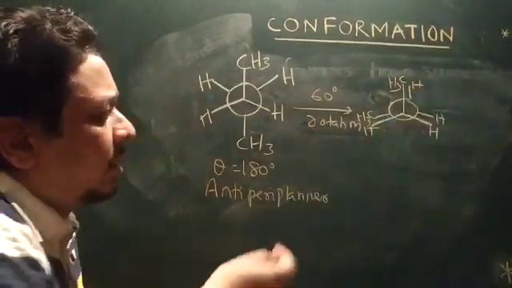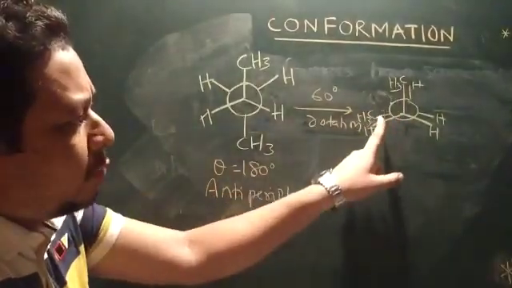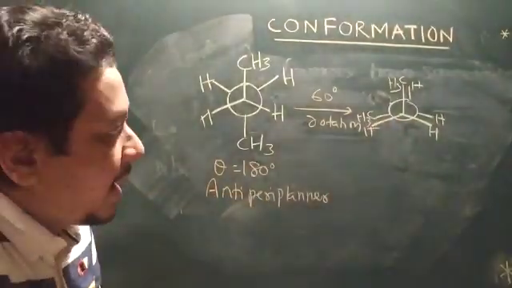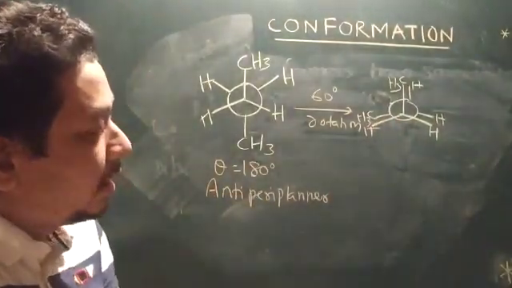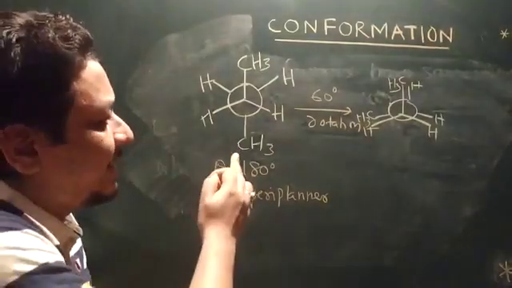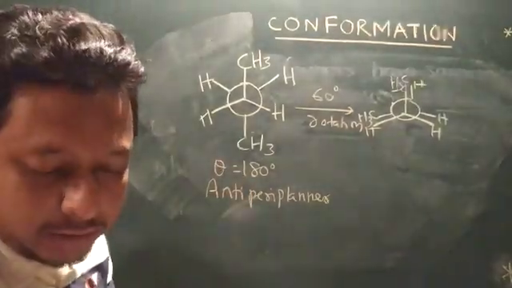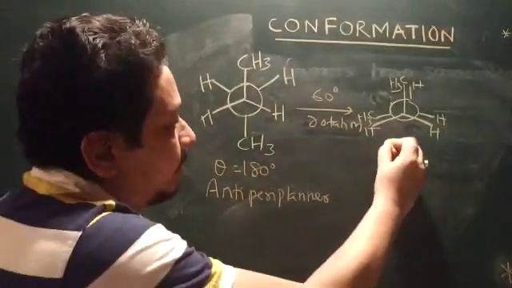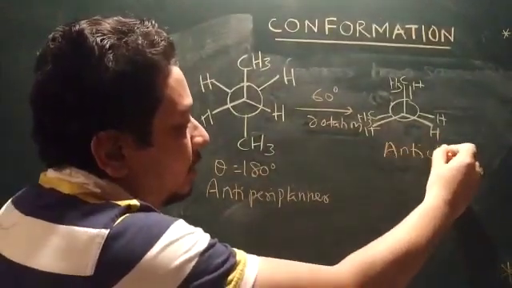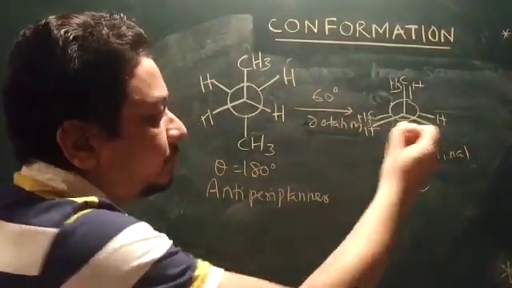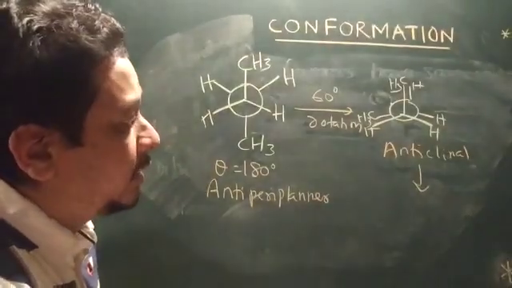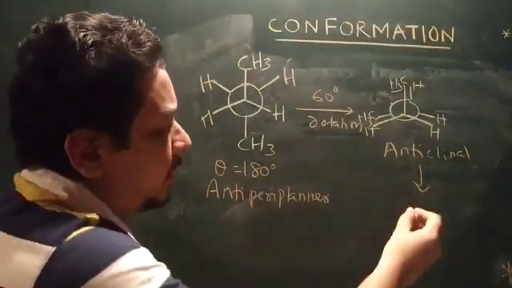So if you see, the methyl groups are still 120 degree apart, and this makes them less stable than this form. So what is this name? Anticlinal. Now if I go for another 60 degree rotation, it will come over here.